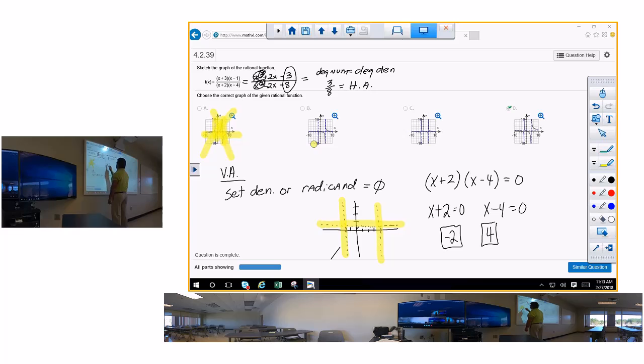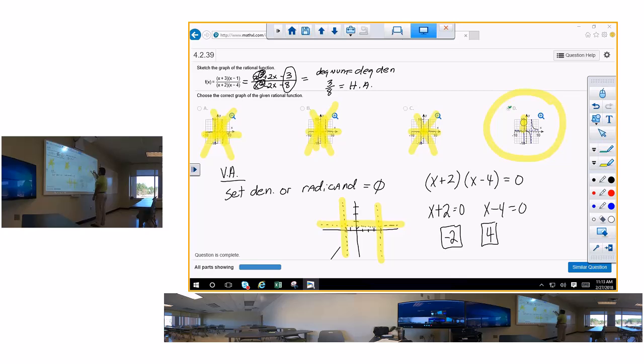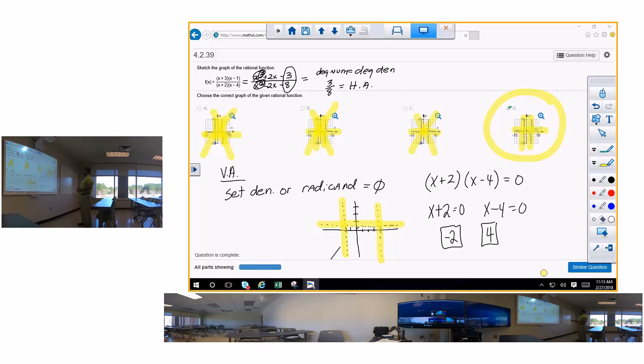This one has two, but it has the horizontal asymptote being 0. That's not right. Same thing here, 0. That's not right. But this one has two vertical asymptotes and the horizontal asymptote at 1/3. So here, you don't even have to graph the function. All you have to do is find the vertical asymptotes.